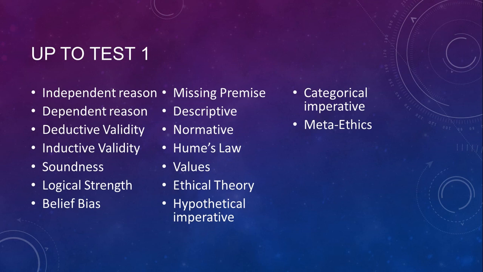Let's do belief bias. I think I put belief bias on here twice, so let's do that later. But missing premise. Let us talk about that, because there's a couple of things that you should keep in mind about missing premises, especially on your argument analyses.